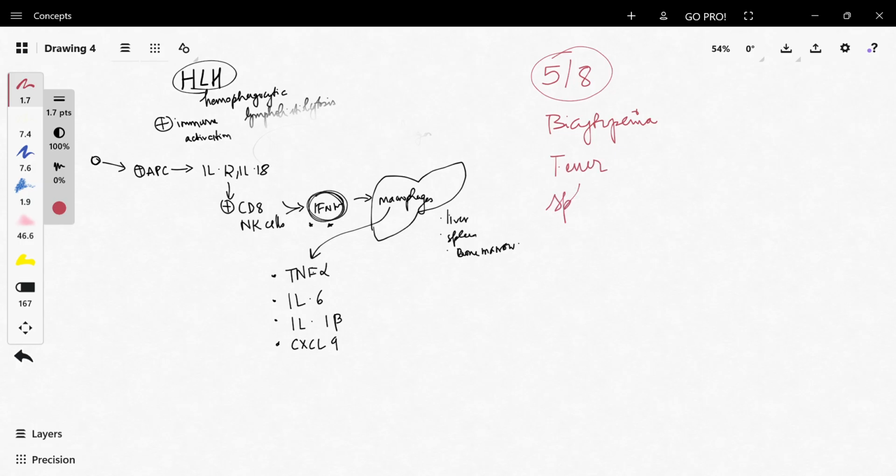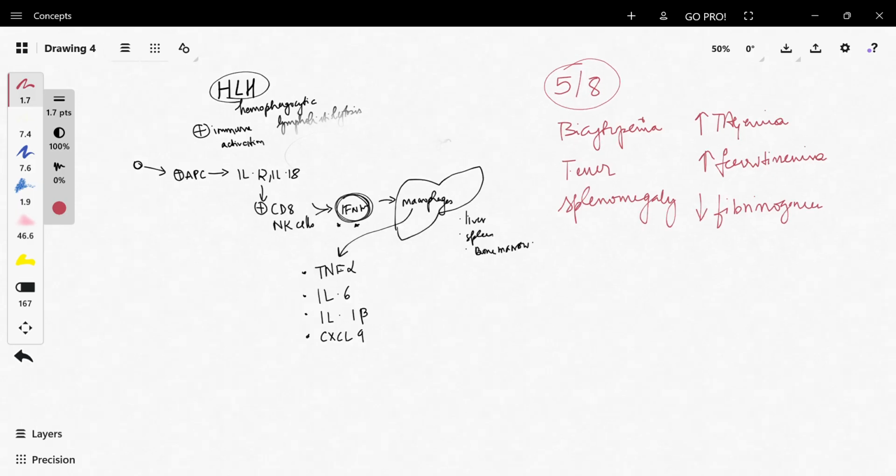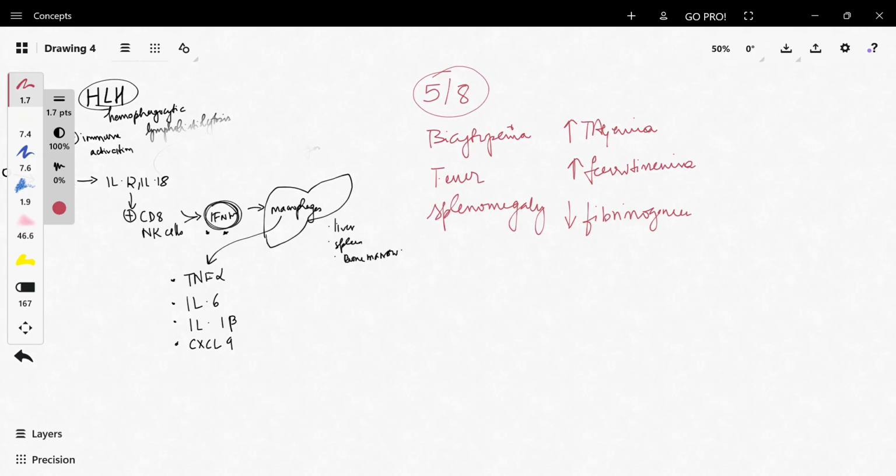Then fever, splenomegaly, hypertriglyceridemia, hyperferritinemia, a decrease in fibrinogen, so hypofibrinogenemia, and an elevation of a marker which is CD25.